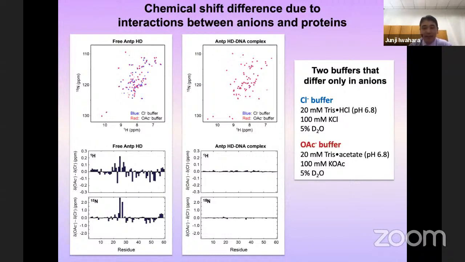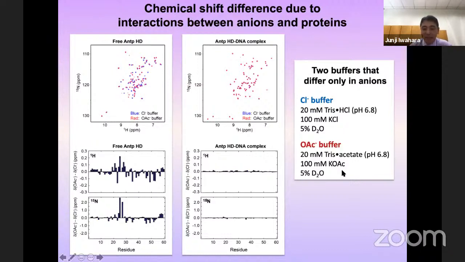But it doesn't work that way, because if you just add acetate, it may change pH. And if you'd like to retain the pH, you also have to add something like sodium acetate. And then you also see the impact of cations, right? So we have to design experiments so that the anion is the only difference in different samples.